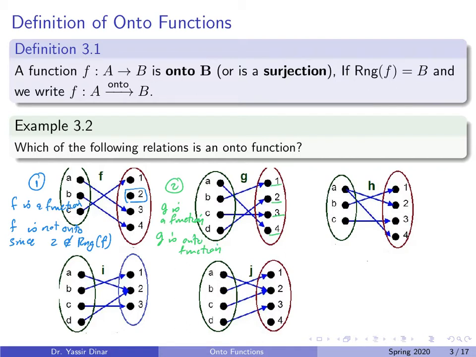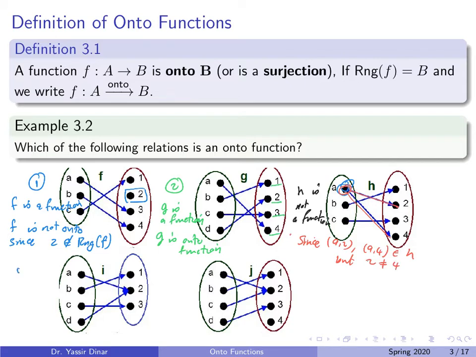For the third one here, h is not a function, and this is because the element a here has 2 images, 2 and 4. So since (a, 2) and (a, 4) are in h, but 2 doesn't equal 4.